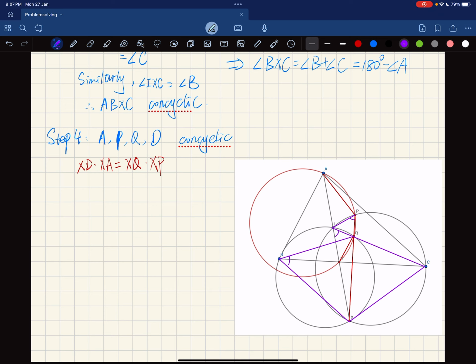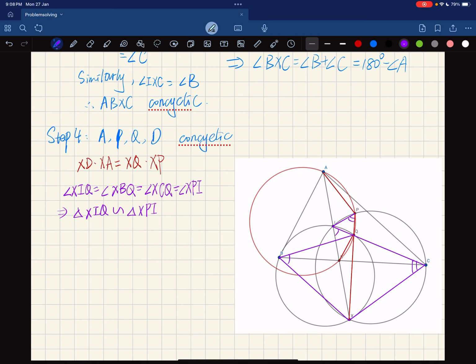And angle XPI equals angle XCI. And fortunately, angle XIQ equals angle XBQ equals angle XCQ. So it equals angle XPI, which shows that triangle XIQ is similar to triangle XPI, which shows that XI squared equals XP times XQ.